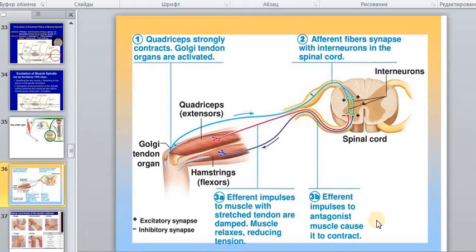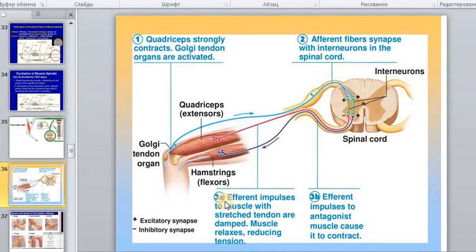So what does this reflex arc do? We see the steps of this reflex, and movement. At first, the quadriceps strongly contracts, Golgi tendon organs are activated here, and the afferent fiber synapses with interneurons in the spinal cord.